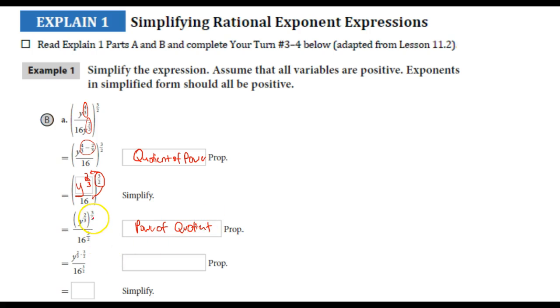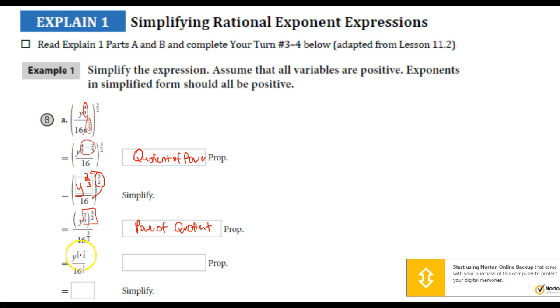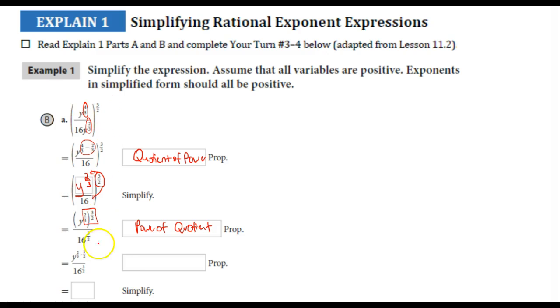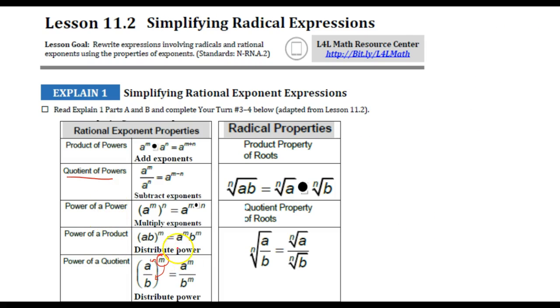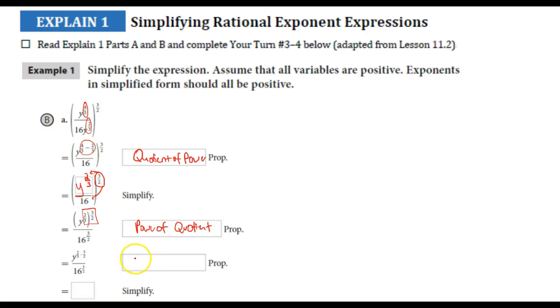And we're going to go ahead and then multiply these two exponents together, as you can see. We're going to look back to see what exactly that is when we multiply two exponents together, and it looks like that's called the power of a power property.